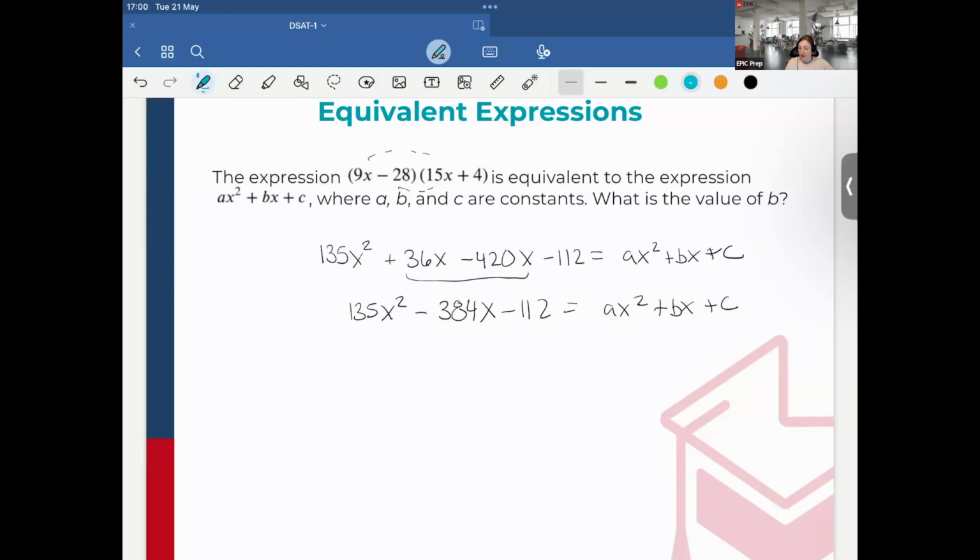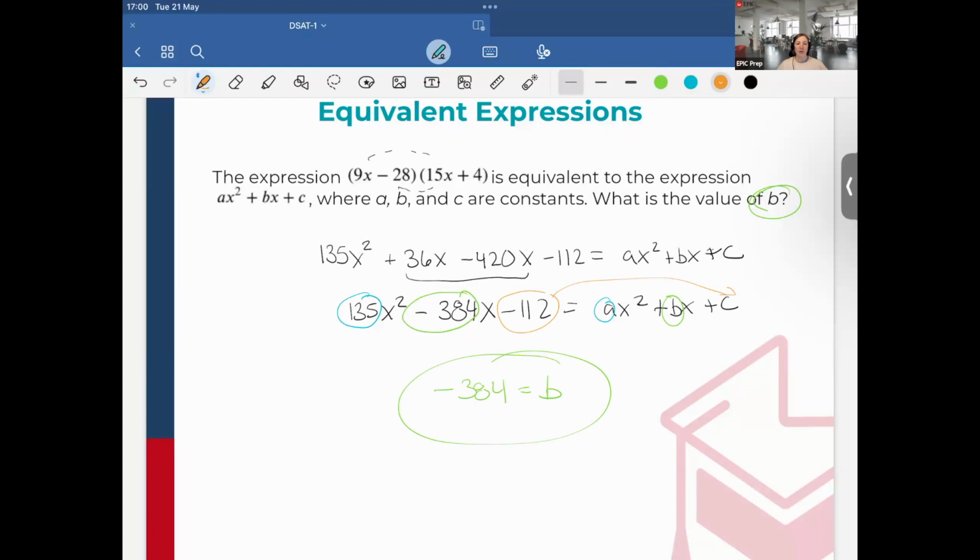And then again, I can see the a value must be 135. And then the b value, what I'm asked for, must be negative 384. And therefore, that's the answer. I can stop there, but for learning purposes, C would be equal to negative 112.